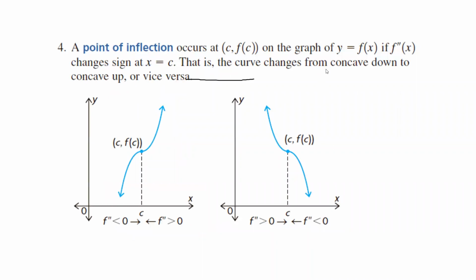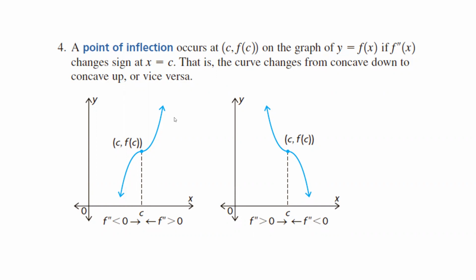If the second derivative equals 0, it's really important that our second derivative should change sign after crossing this inflection point. Make sense? Exactly what we see here.